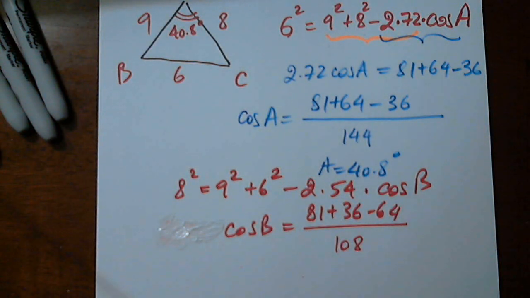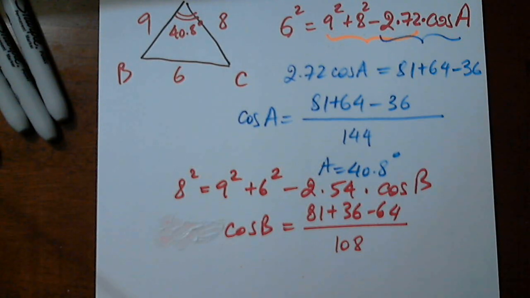So now this is exactly how I would put it in the graphing calculator. So I have 81, parentheses, don't forget, 81 plus 36 minus 64, close and divide by 108. It was, yes, 108 indeed. I don't even care to copy this number.